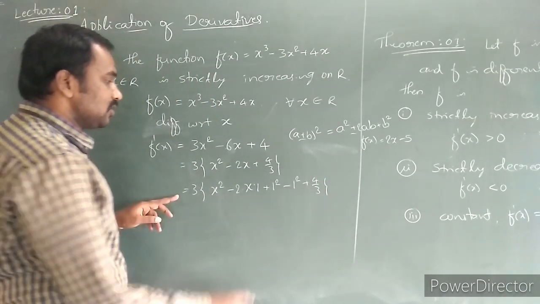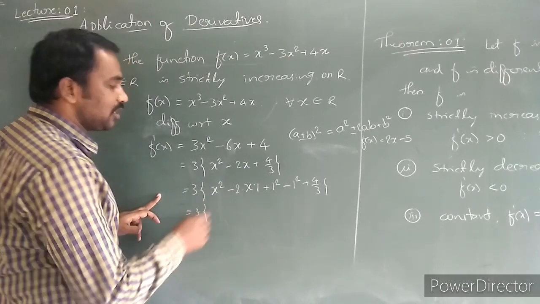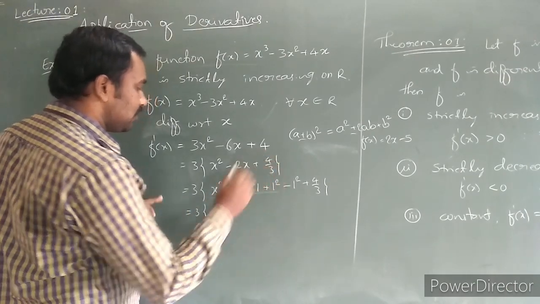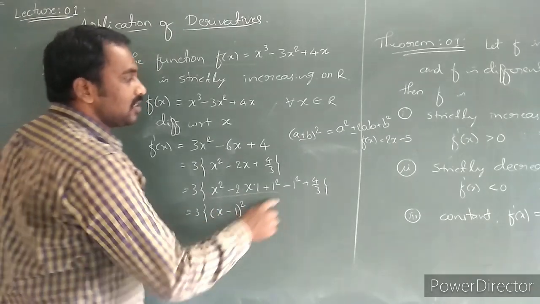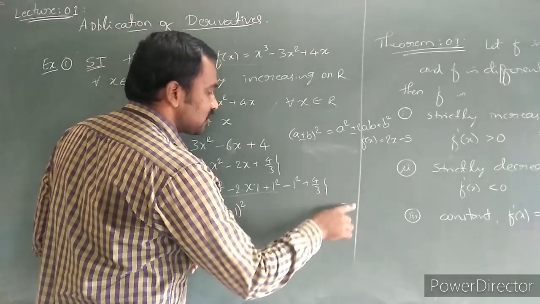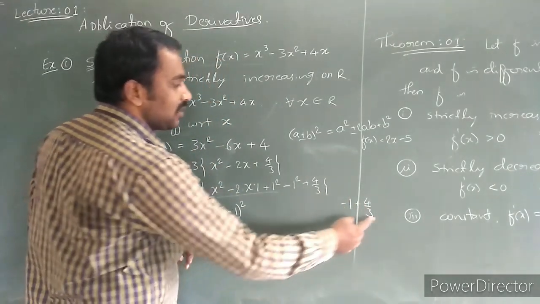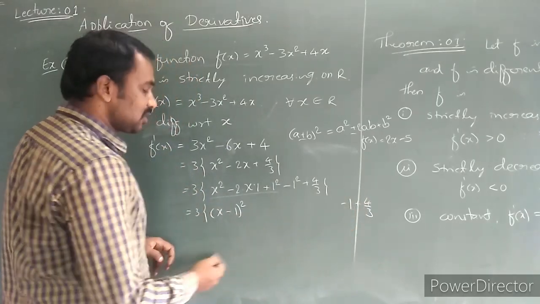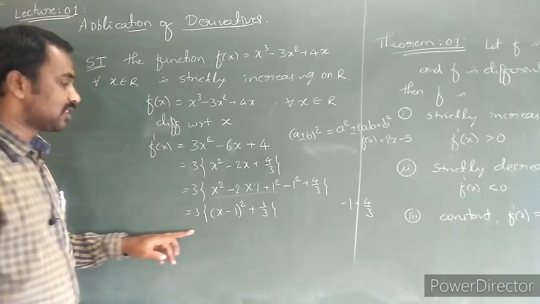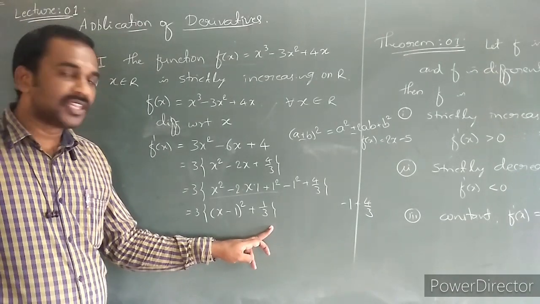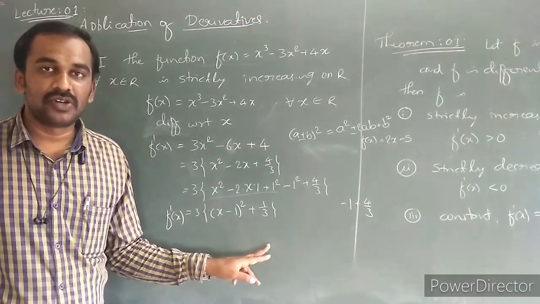So here we can easily write this as 3 into (x minus 1) whole square, minus 1 square which is 1, plus 4 by 3. Simplify: minus 3 plus 4, that is plus 1, divided by 3. Now observe whether f dash of x is positive or negative for all real numbers.